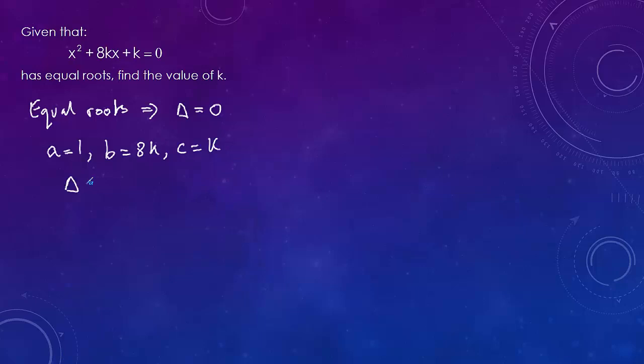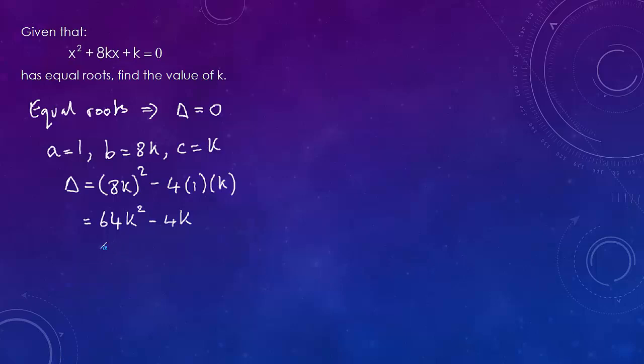So the discriminant is going to be equal to 8k all squared, take away 4 multiplied by 1 multiplied by k. Remember, both of these things need to be squared, so that's 64k squared, take away 4k.